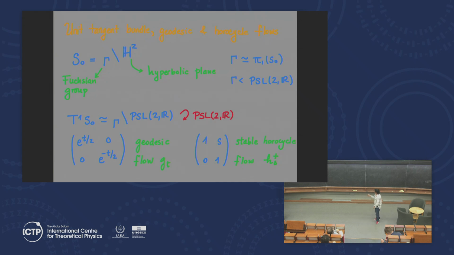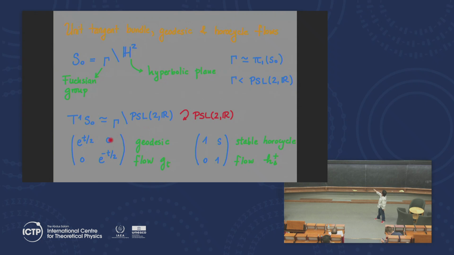So this is the quotient of PSL2R under the left action by translations of this subgroup, and it admits the action of right multiplication by elements of PSL2R.